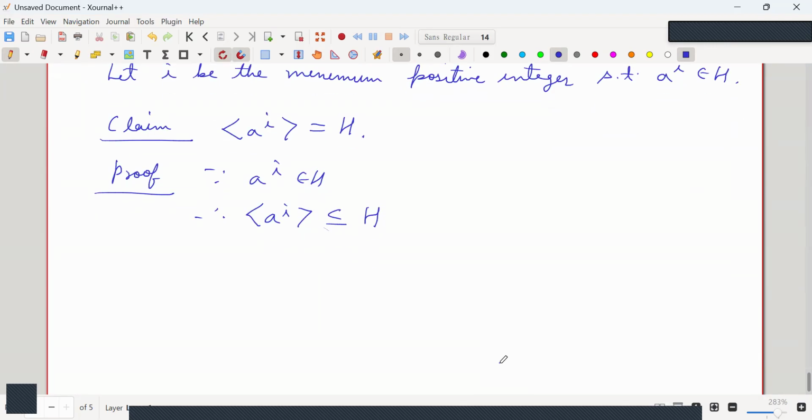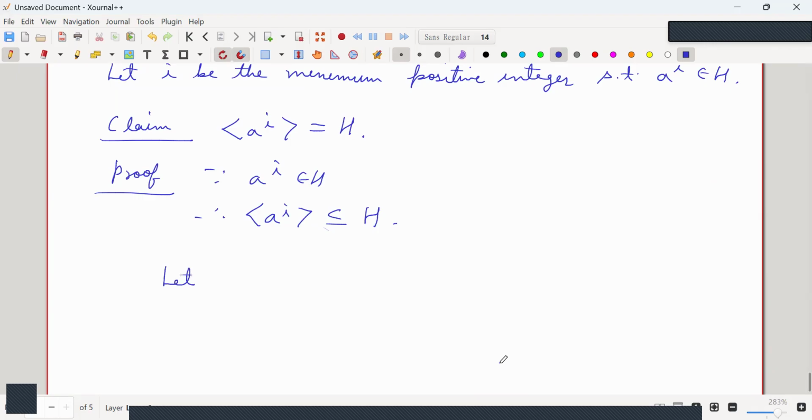What about the other side? We need to show that H is inside this subgroup generated by A^I, meaning every element in H can be written as some power of A, right?